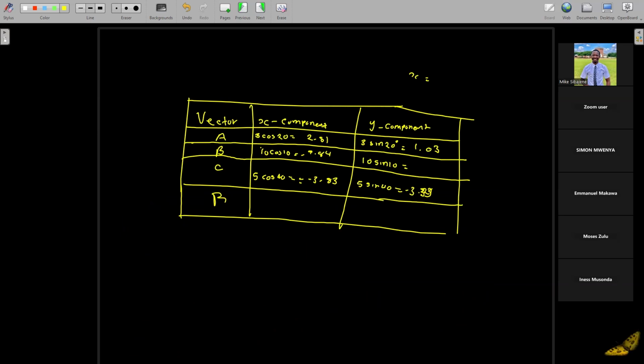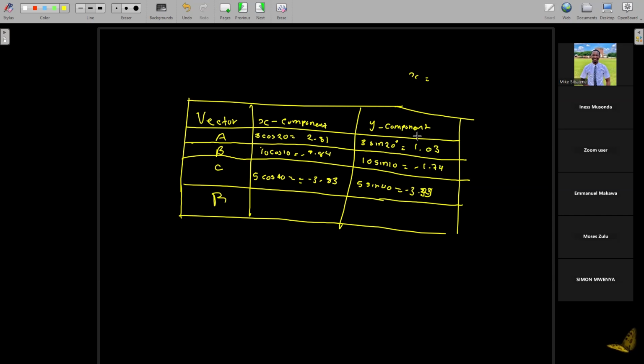What of the other part? What are you getting for sine? 1.736. Yes, we're going to leave it in three significant figures like that.